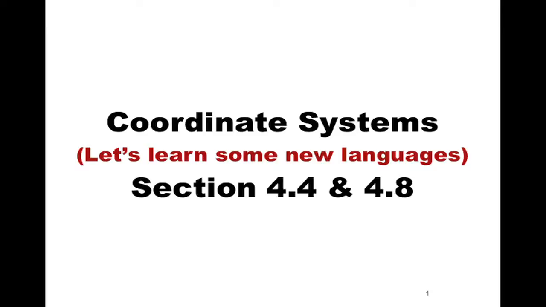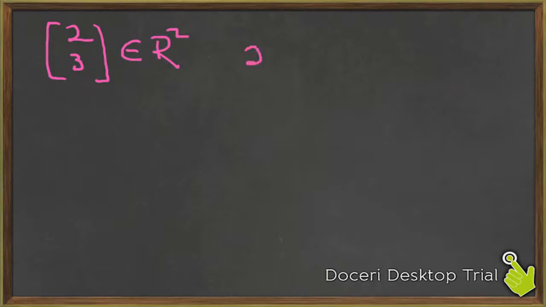So just as a recap from what you probably have looked at before, if you had a vector in R2, say the vector 2, 3, then we know that this means 2 times the standard basis in R2, so 1, 0, plus 3 times 0, 1.